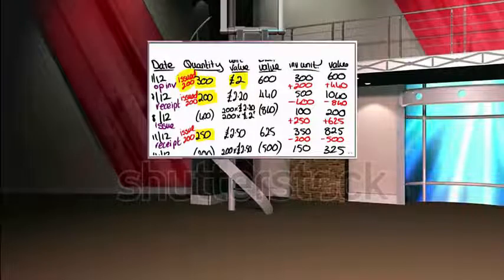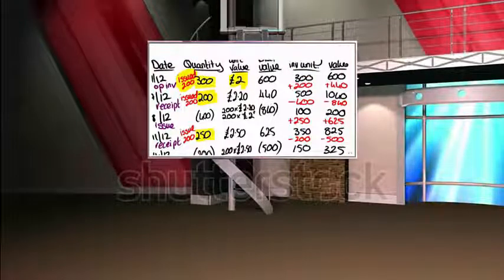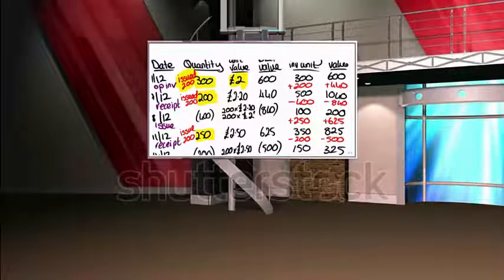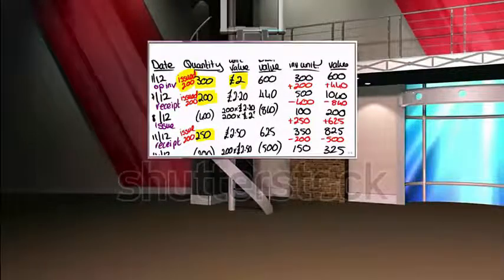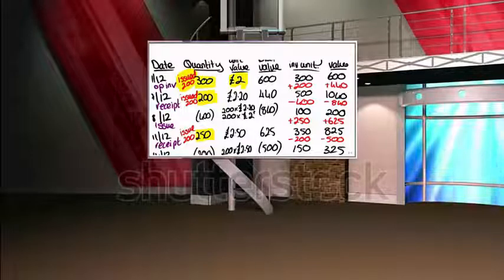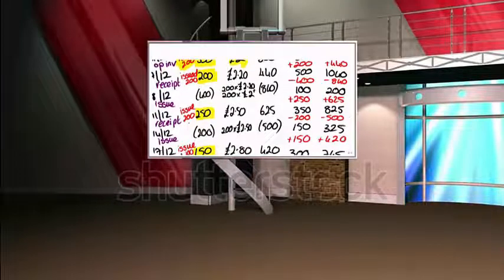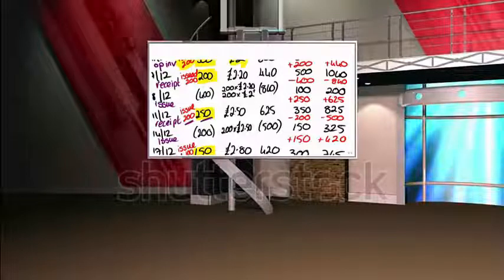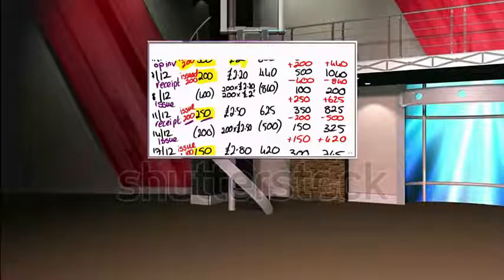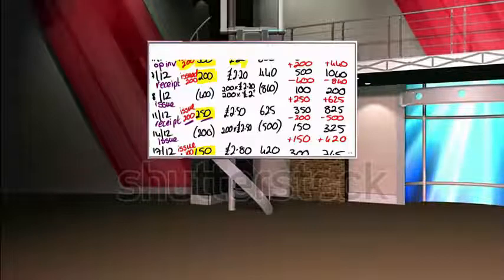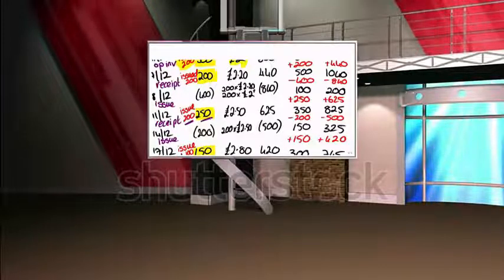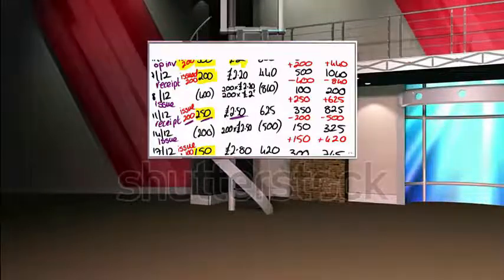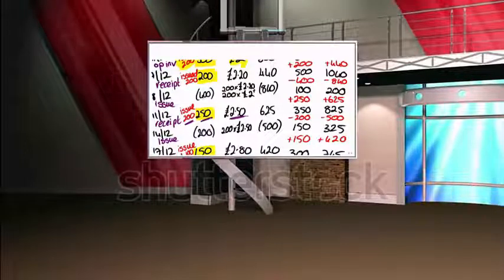Continuing on through, on the 7th of the 12th, we purchased 200 units, but we issued all 200 of those units throughout the course of the month. On the 11th of the 12th, we purchased 250 units and we issued 200 of those units. So at the end of the month, we still have 50 of these units left in our warehouse, each one with a value of £2.50.